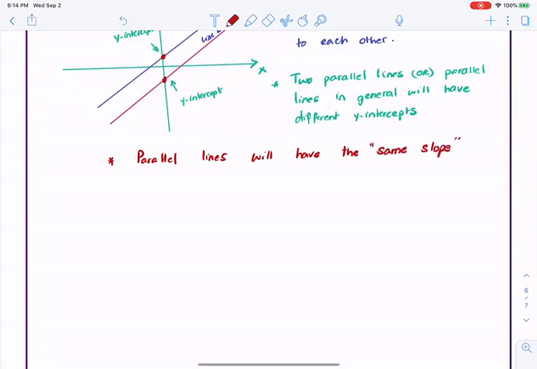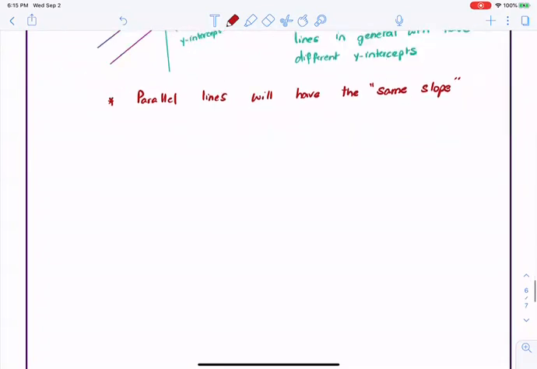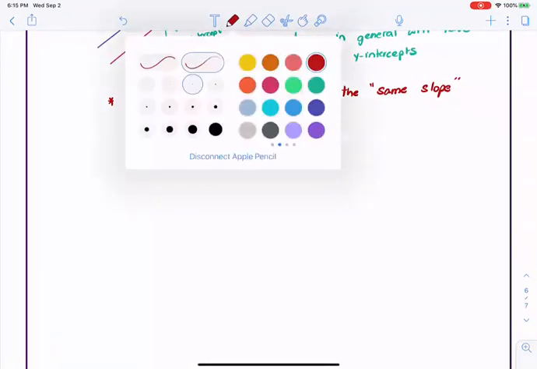So parallel lines must have the same slope. Naturally, the reason being, if two lines don't have the same slope, then they will intersect. What do I mean by that?